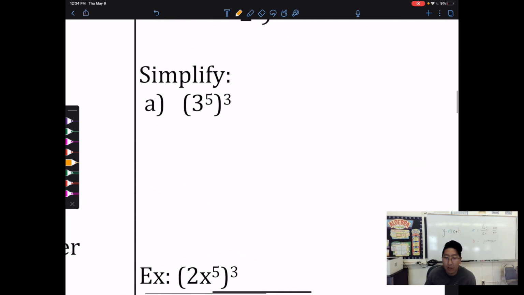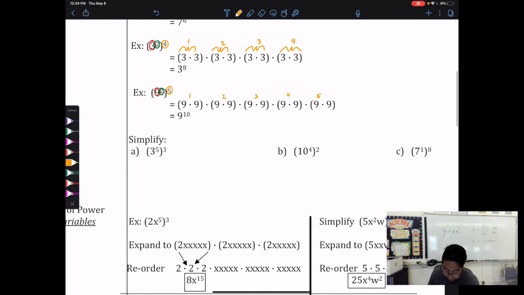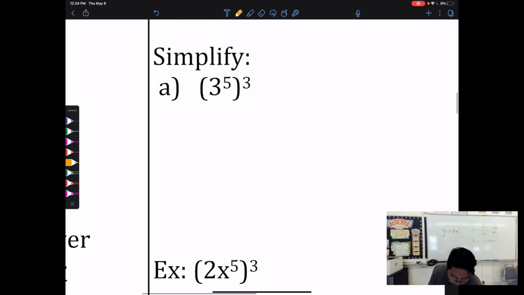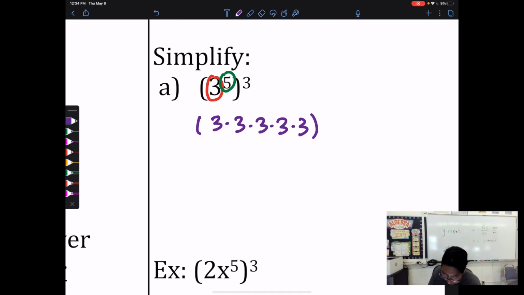All right. So let's go over a couple that aren't fully given to you. We have 3 examples. Inside the parentheses, what do we have? We have 3 to the 5th. So our base here is 3 and our exponent here is 5. So inside the parentheses, we have 3 times 3 times 3 times 3 times 3.